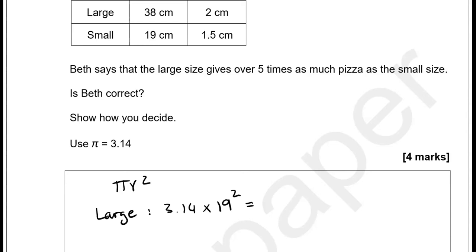And using a calculator, this gives us 1133.54 centimeters squared. If we multiply it by the depth, it's going to give us the volume.